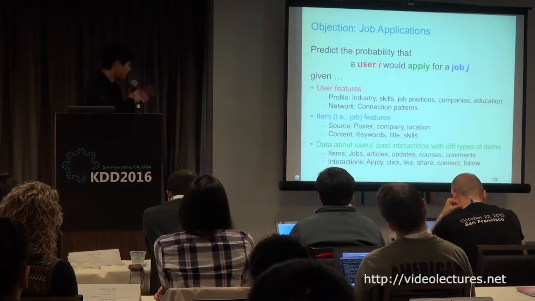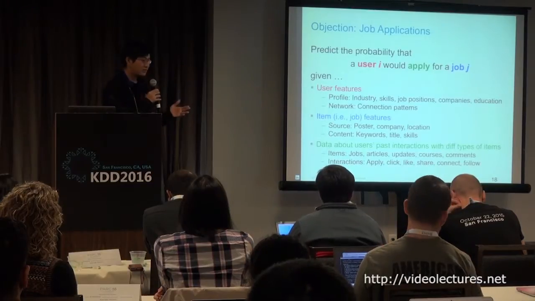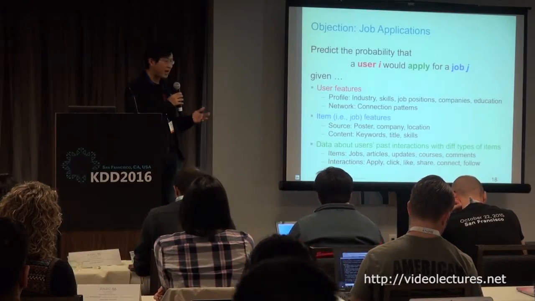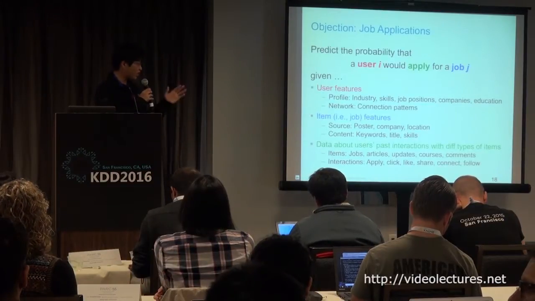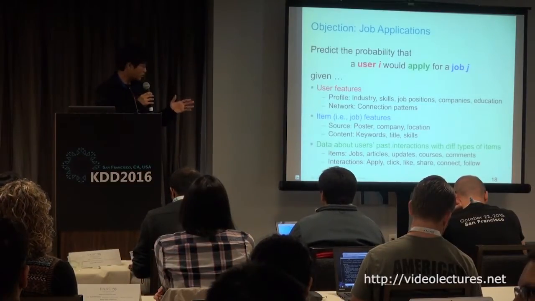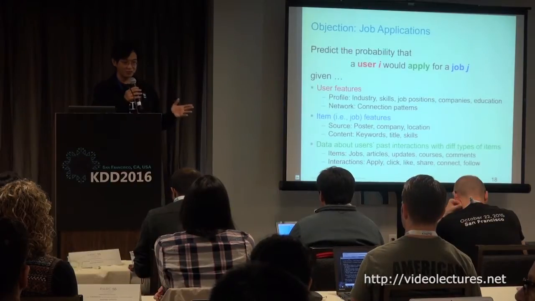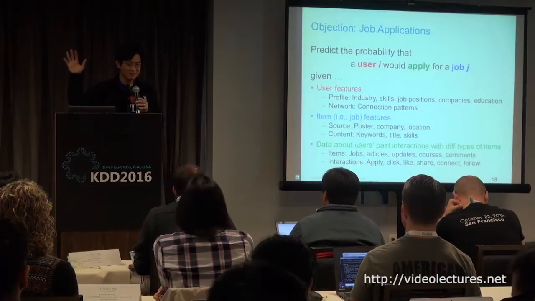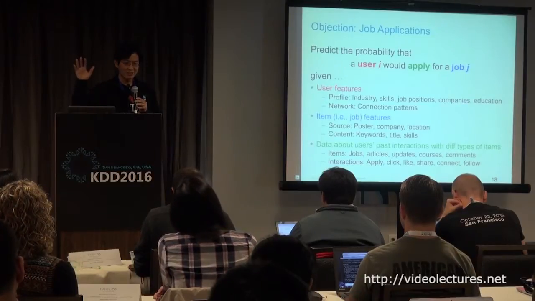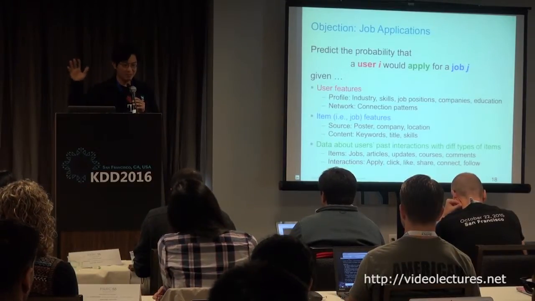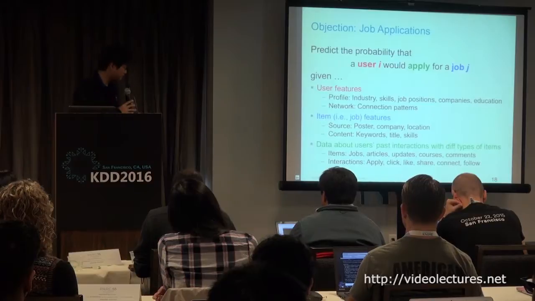And also all the data about users' past interactions with different types of items. Not only users' interactions with jobs are useful, but also users' interactions potentially with articles may be useful. If a user is reading articles about a certain skill or a certain company, potentially the user will be interested in jobs that require that skill or jobs from that company.